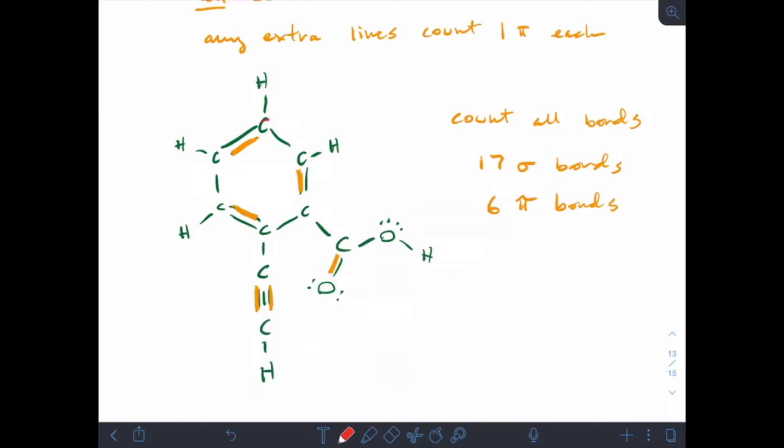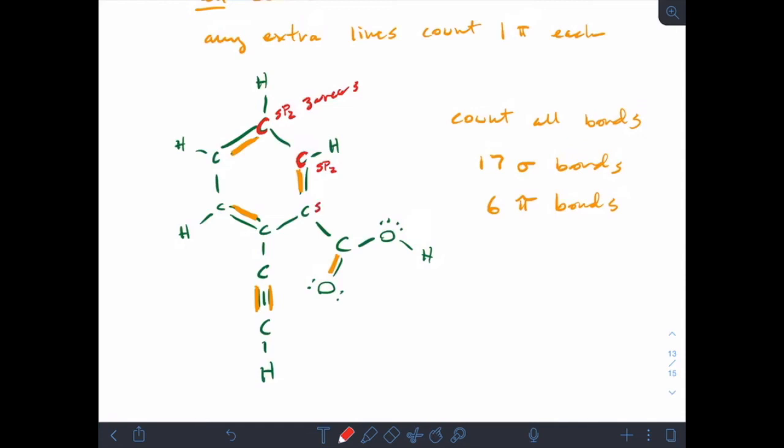Let's look at this guy right here. How many areas of electrons are around that carbon? The answer is 3. So that carbon is sp2 hybridized, 3 areas. The carbon just to the right of it, this carbon, 1, 2, 3, also sp2.